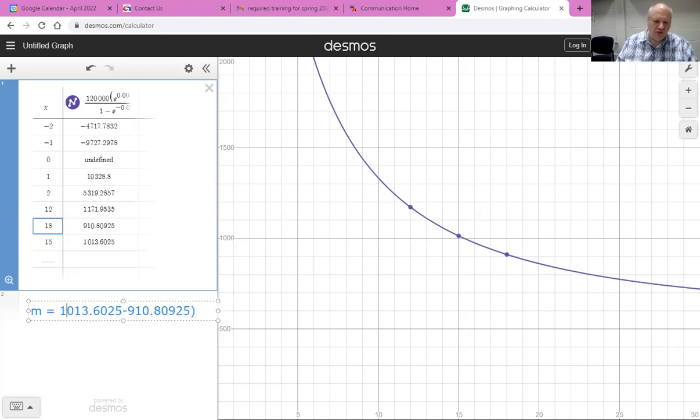That is going to be your change in y. And then that's going to go over your change in x, which is 15 minus 18. Now, if we do some arithmetic here, let's get our calculator out.